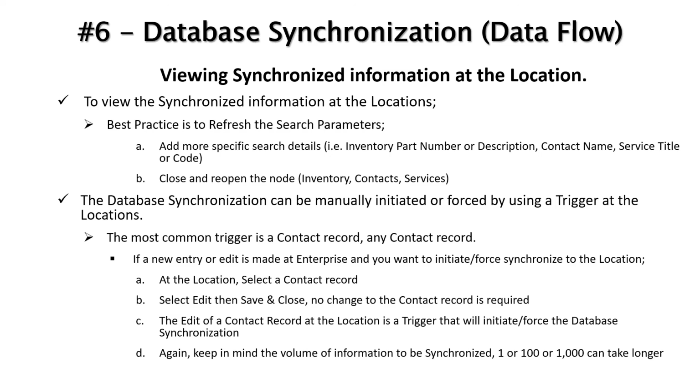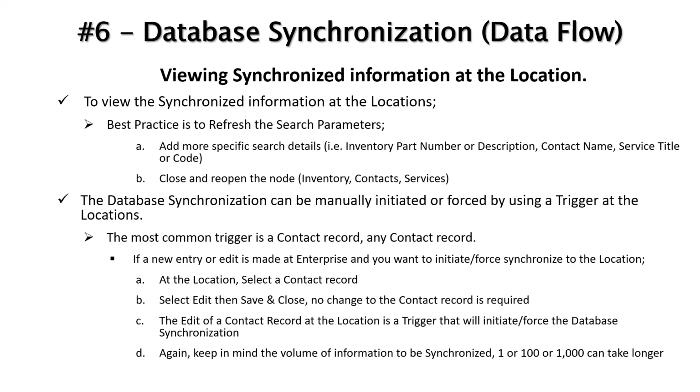The database synchronization can be manually initiated or forced by using a trigger at the locations. The most common trigger is a contact record, any contact record. If a new entry or edit is made at the Enterprise and you want to initiate or force synchronization to the location, at the location, select the contact record, select Edit, then Save and Close.